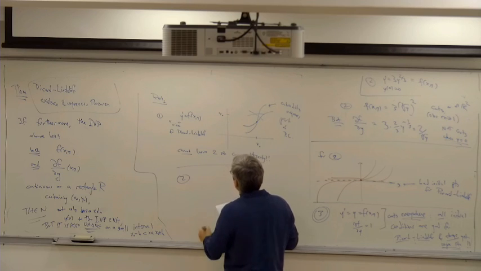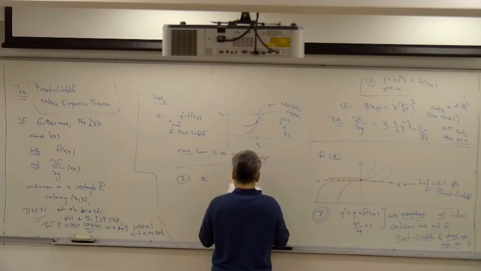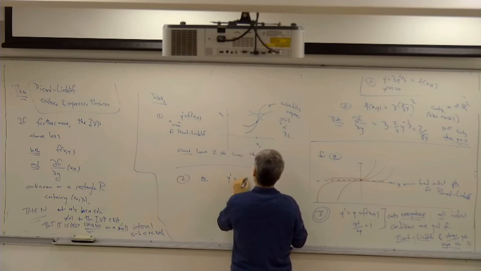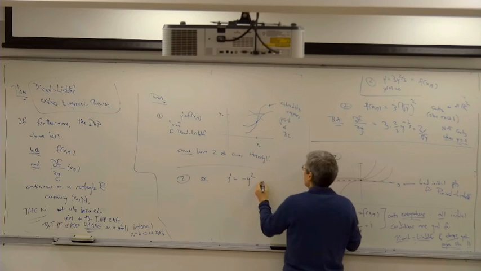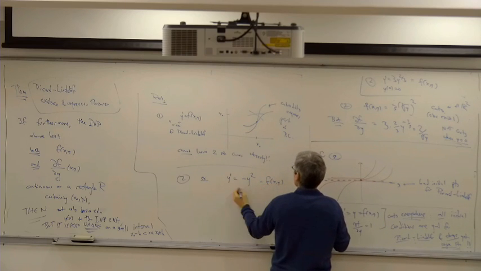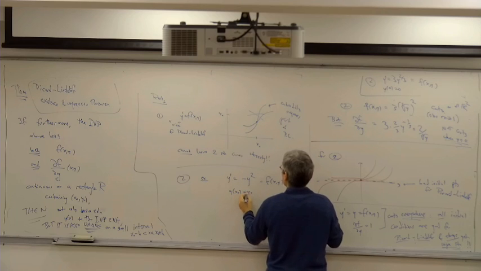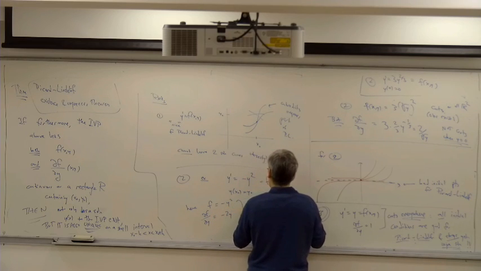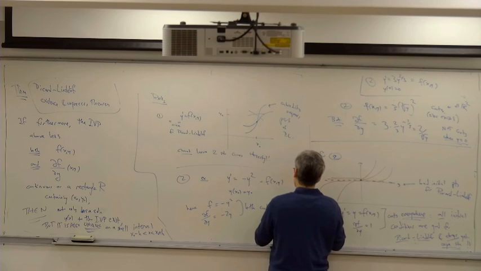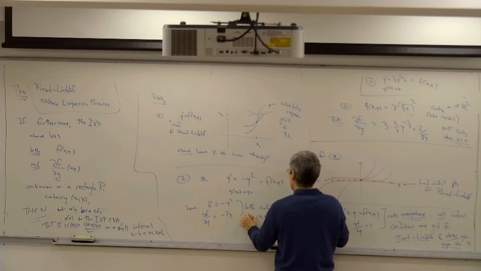Okay, so let's do the example of y prime equals minus y squared. So this is again f of x, y, and y of x0 equals y0. And here, f equals minus y squared, and df/dy is minus 2y, and both are continuous for all x, y in R2.